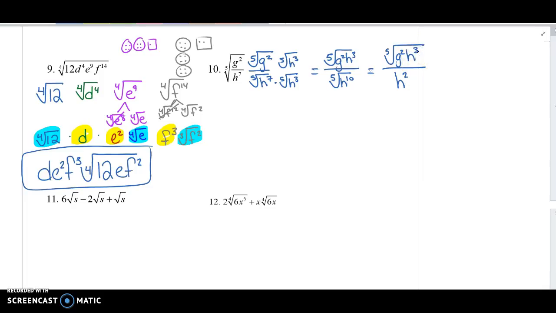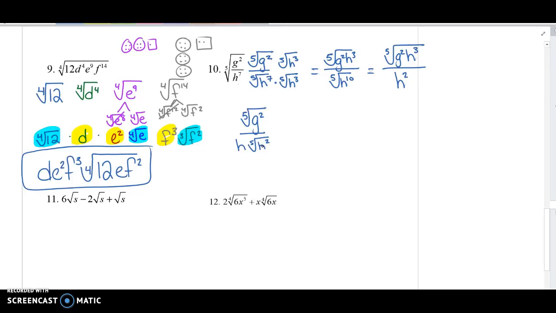That's planning forward and saying, hey, this h to the 7th is going to be problematic. Let's fix it now so we don't have to worry about it later. If you don't do that, you would say on the top we've got 5th root of g squared. On the bottom, I know there's one full group of 5 that's going to break out, and there's going to be 2 left over.